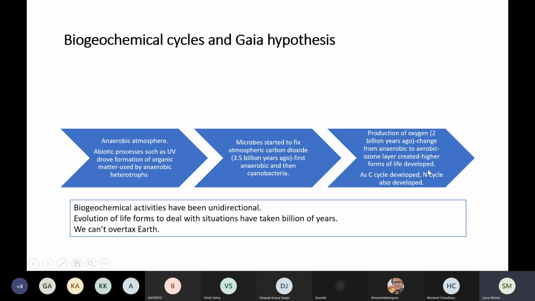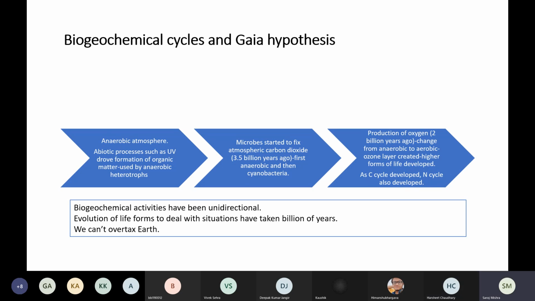If you disturb the CO2 cycle, it's going to take billions of years. So the only way, if the life forms don't have to perish, is to find a solution so that these cycles are kept in balance. Otherwise the time it takes for them to naturally come to a balance is very, very long. I hope this point is clear to everybody.